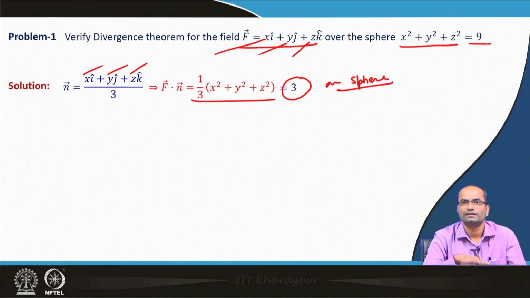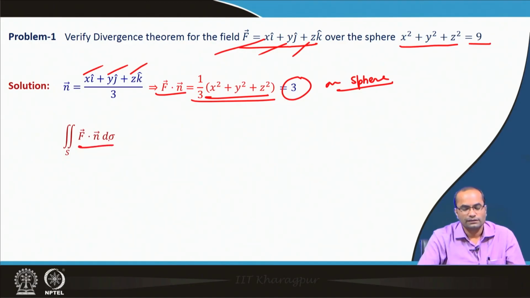In the surface integral we will be integrating this f dot n over the surface. So, this f dot n is 3, because x square plus y square plus z square is 9 there, and 9 divided by 3 is 3. So, this f dot n d sigma, the surface integral we will evaluate now.